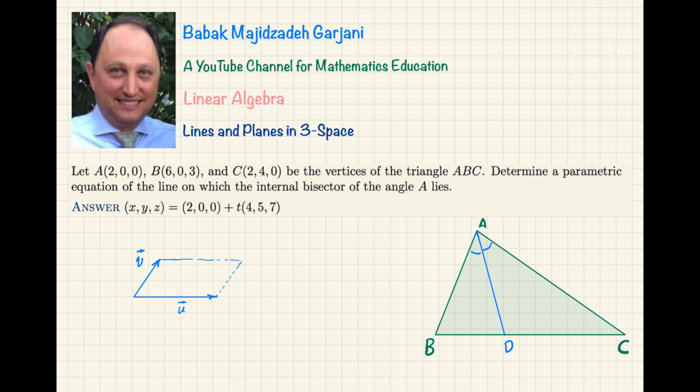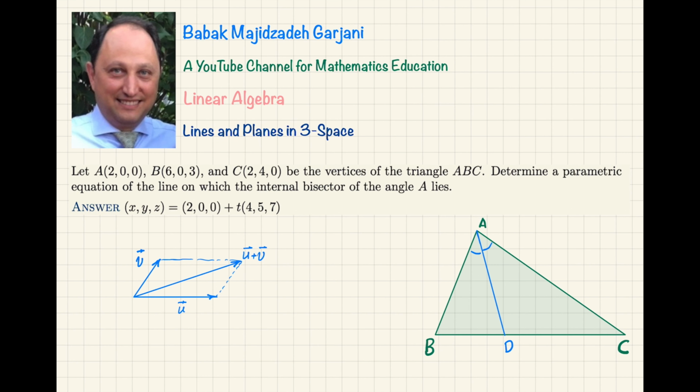Namely, I can draw a line parallel to this vector from the end of this vector and do the same thing from here, and wherever they meet, I have my parallelogram, and then I can connect the start to the opposite corner. This becomes the vector u plus vector v.